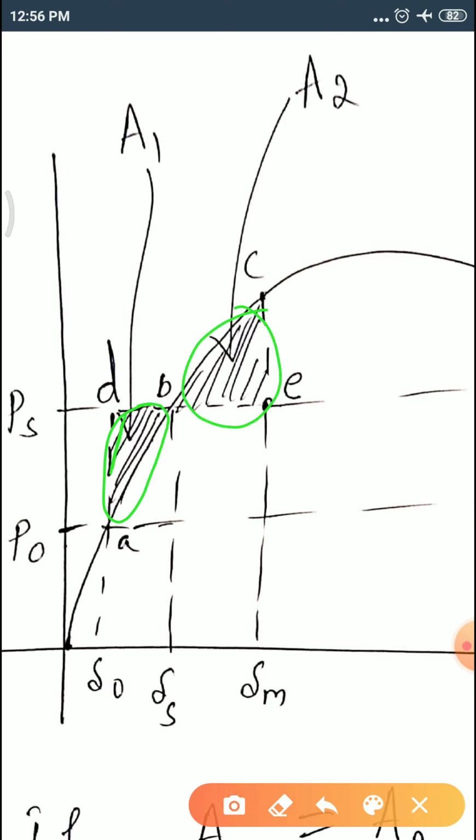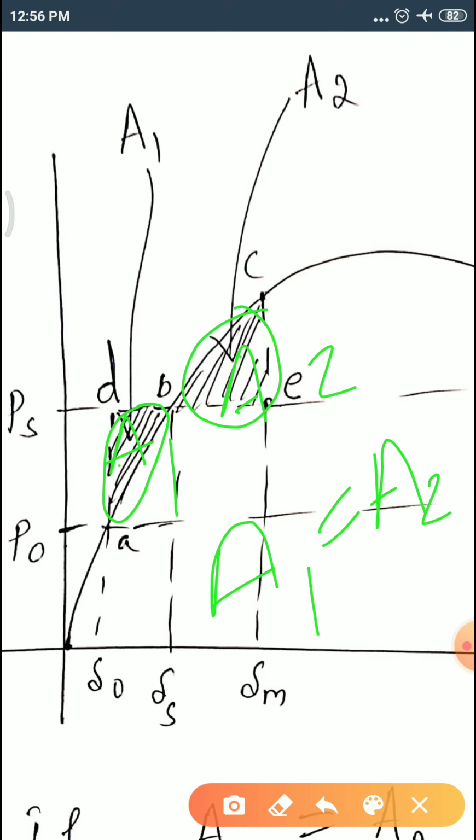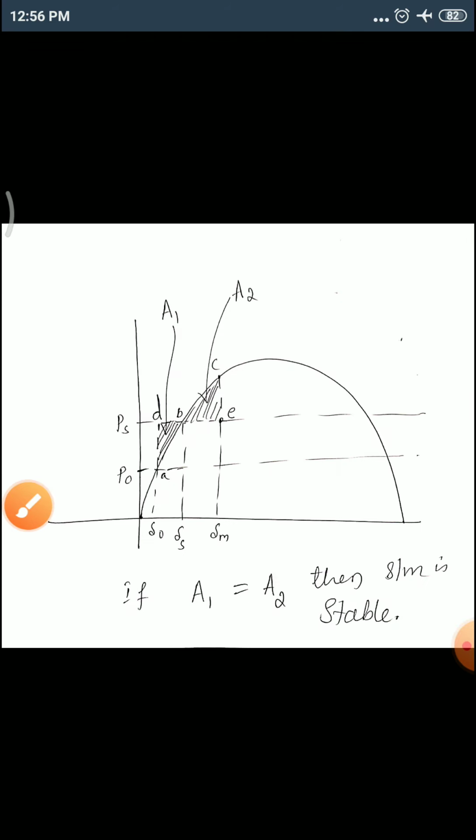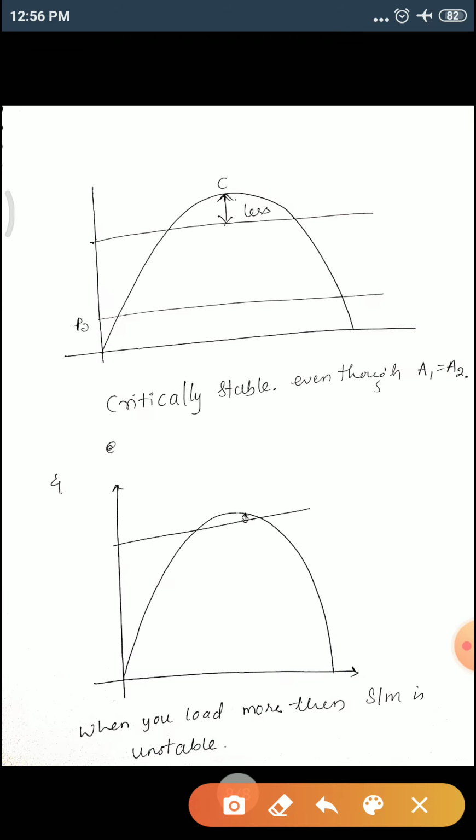Suppose this area you consider as A1 and this as A2. If A1 is equal to A2, then you can say that the system is under stable condition. But we cannot say this all the time.